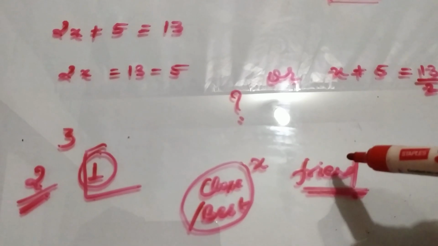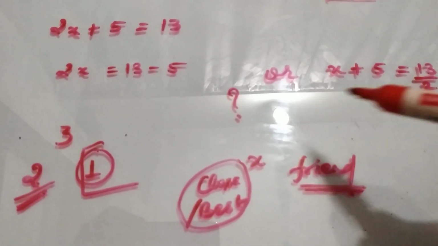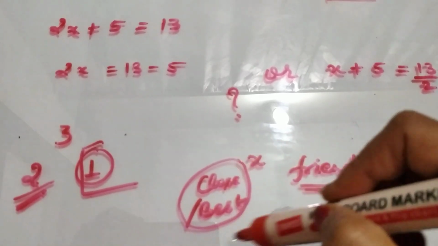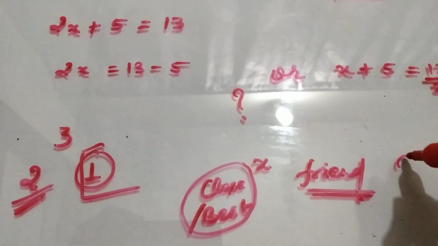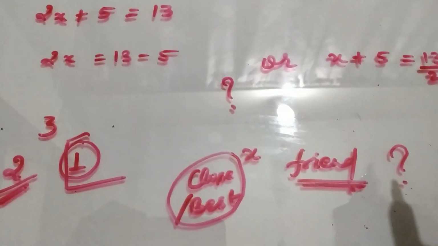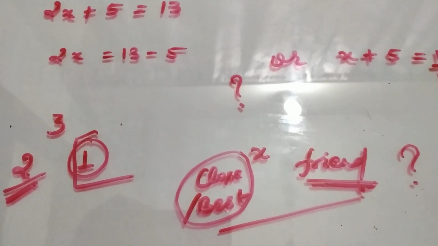So we take the friend from the left side to the right side first, after that the close friend or best friend. Now the question is which is the best friend or close friend of x, because it is not general life, it is mathematical life.